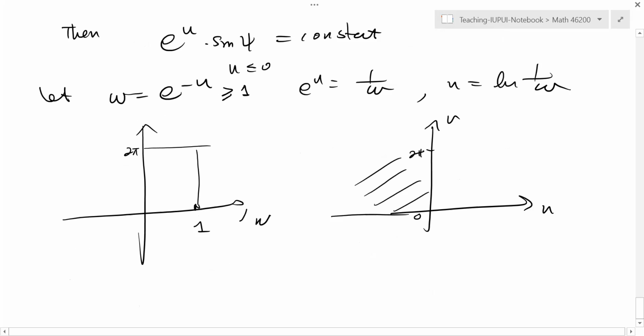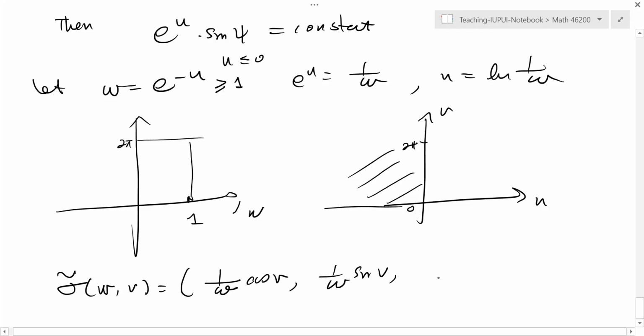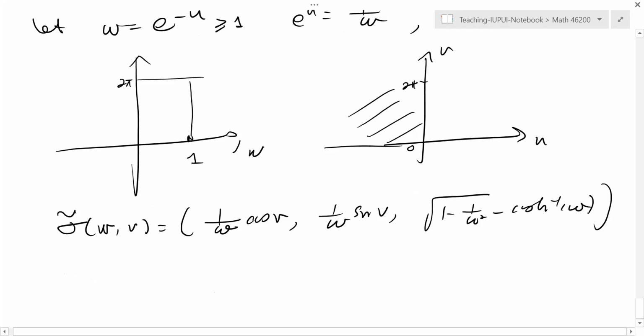Now, if you use this substitution, what do you get? I'm going to use this w v, which will be sigma tilde of w, v equals 1 over w cosine v, 1 over w sine v, and the third component is replaced by the same substitution. That would be the new parameterization.